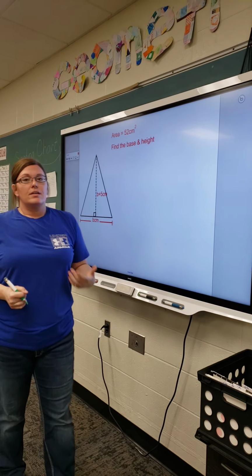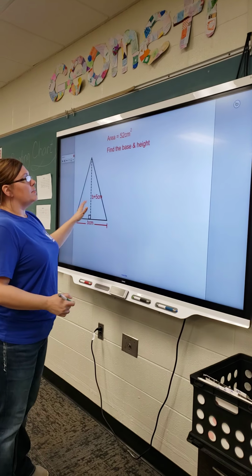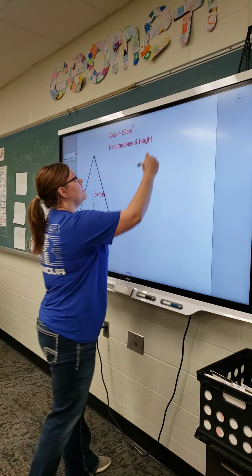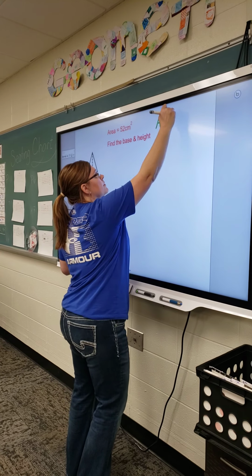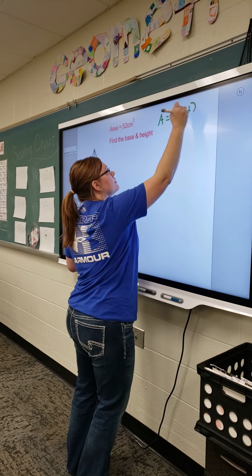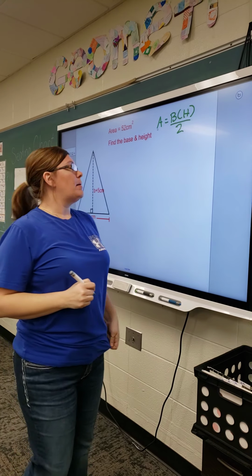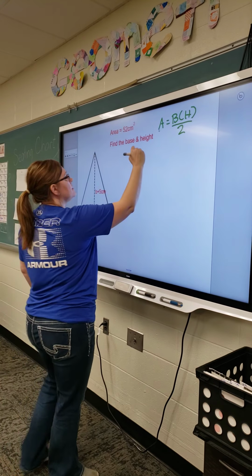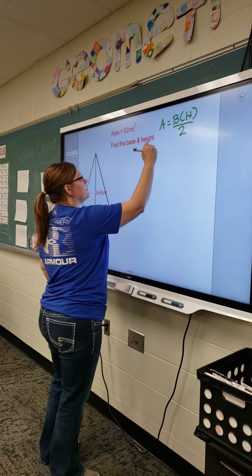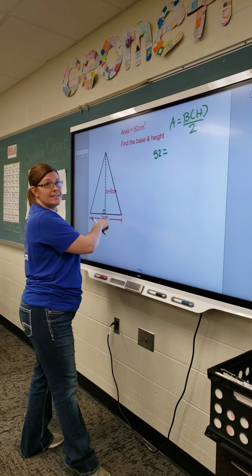All right, you're also going to see problems like this. We're talking about our triangle. What's our formula? Base times height divided by 2. They give me the area, it's 52. What's my base? My base is b.